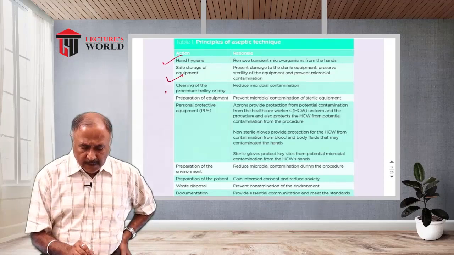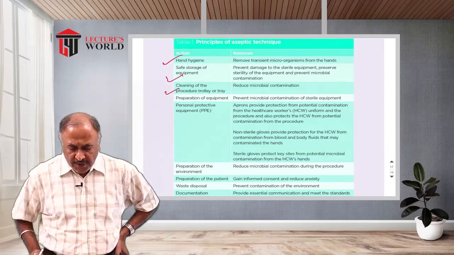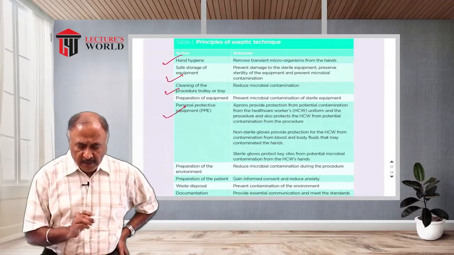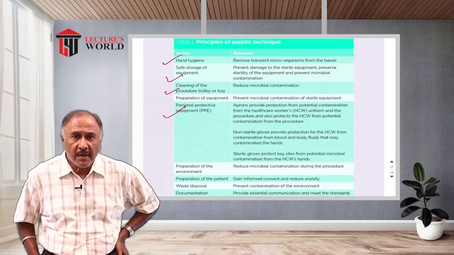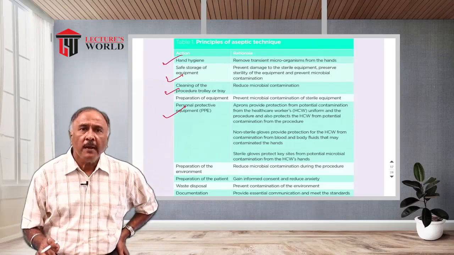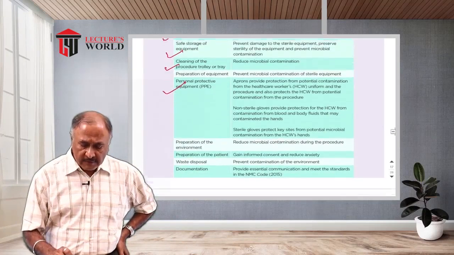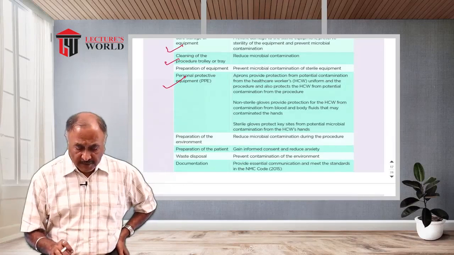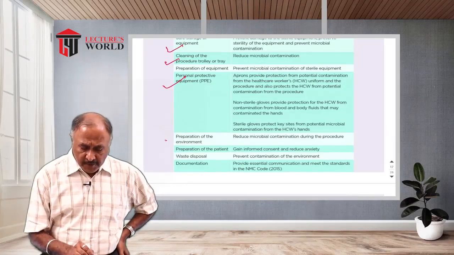Then cleaning of the procedure trolley or the tray. Then personal protective equipments, PPE kits, which are worn by nursing staff as well as the doctors and other clinical staff members. Then preparation of the environment.